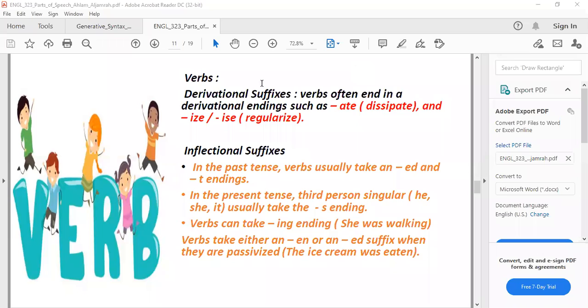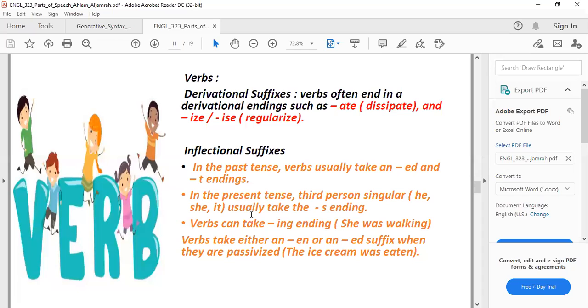So if you see a word that ends with these suffixes, it is a verb. Don't take this as a fixed rule, because sometimes these endings can occur in other types of words. Inflectional suffixes: in the past tense, verbs usually take ed and t endings.